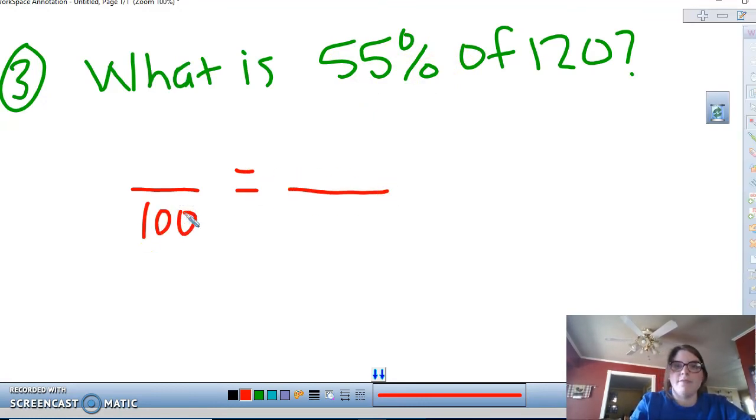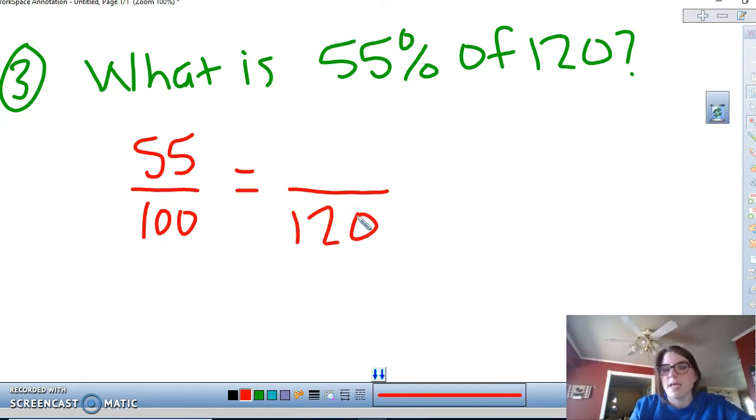I'm going to have my 55, since it's a percent, go on top of that. And then my last number I have is of 120. So since it's of 120, I know that's my whole, so that's going to go on the bottom. And then what I'm missing is my part, so I'm going to put the variable N for part.